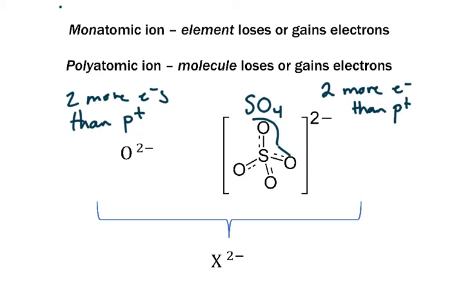Now, SO4 is multiple atoms, right? It's an entire molecule, but you can think of it as X. You can think of oxygen as X, and they're equivalent. They're just X with a -2 charge, okay? And so think of this as just kind of a point charge, even though it contains polyatoms, right?